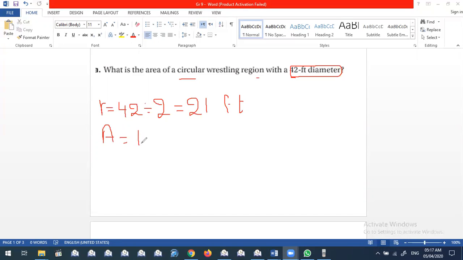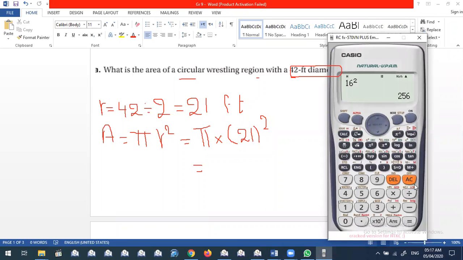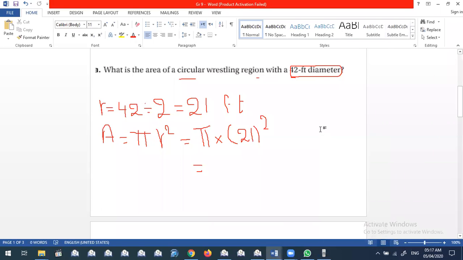Area of the circle equals pi r squared. That means pi times r, which is 21, to the power of 2. 21 to the power of 2 equals 441. So the answer is 441 pi.